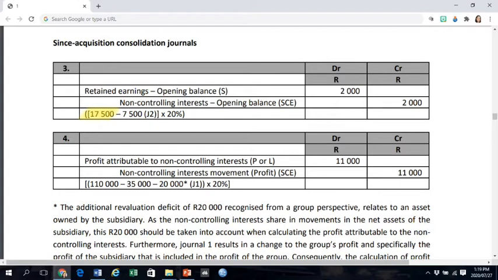The only consolidation journal entry changing the retained earnings opening balance of S is my Journal 2, the at acquisition elimination journal entry. This now leaves me with the movement in the retained earnings since acquisition date, and that is attributed at 20% to my non-controlling interest opening balance.